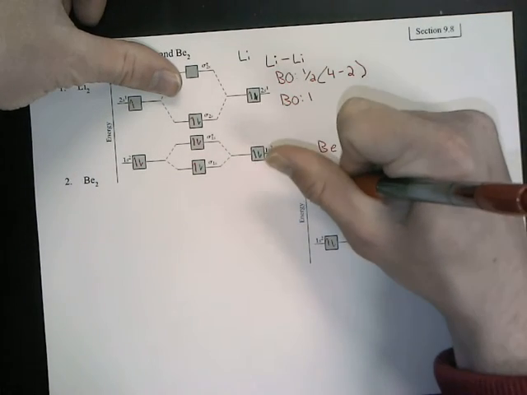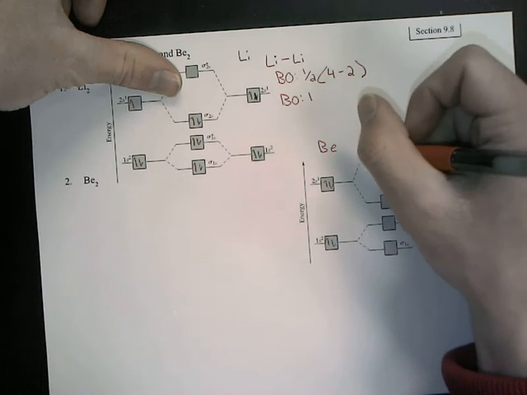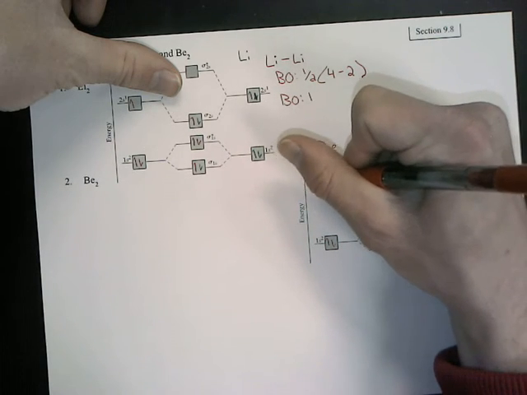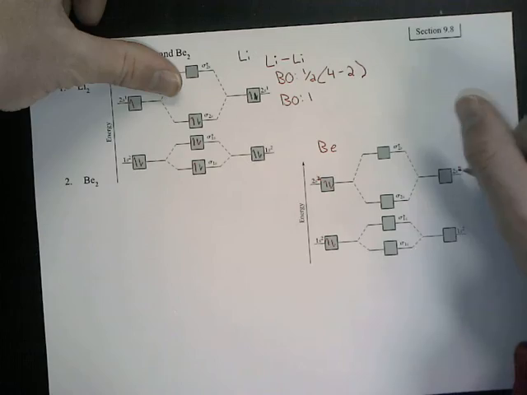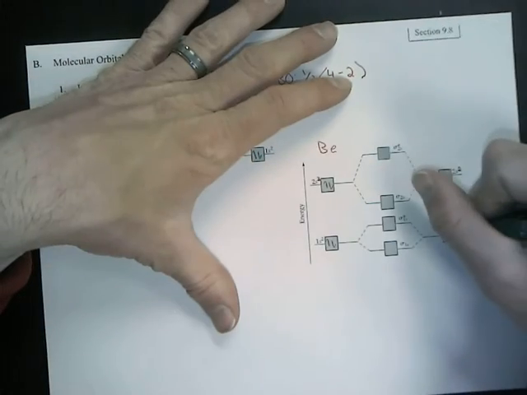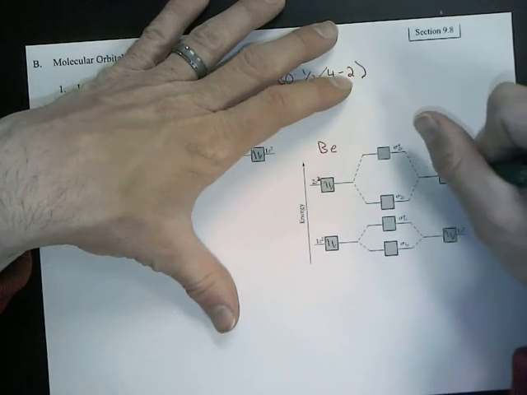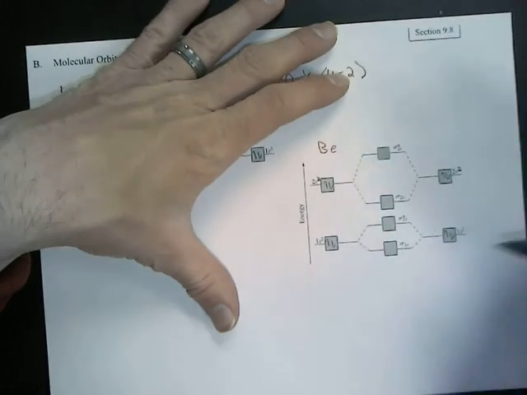Be has 4 valence electrons, and so this should be 2s2, not 2s1. But when you would have this, you would get the following to happen here.